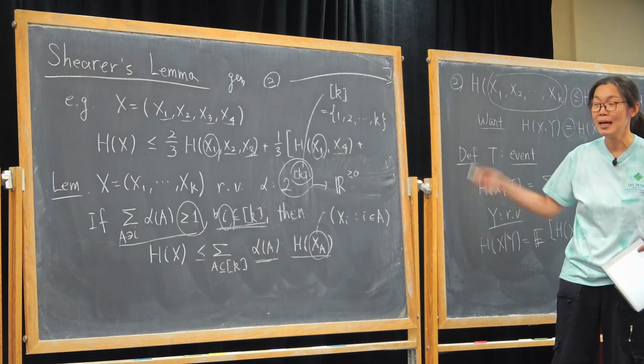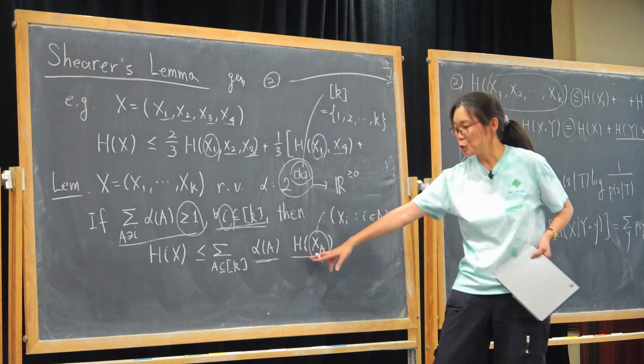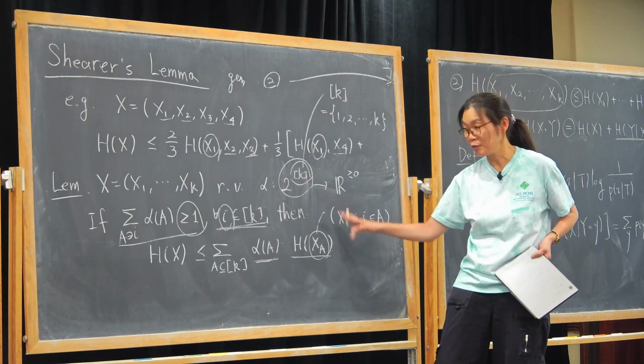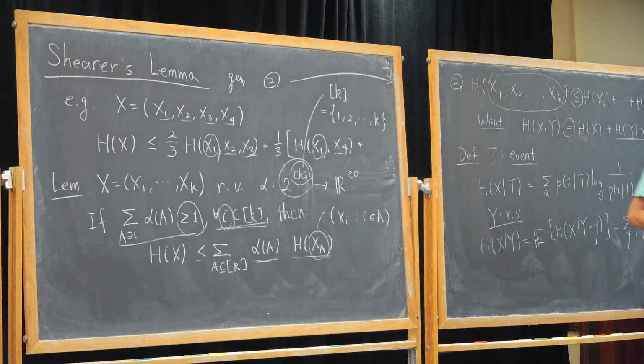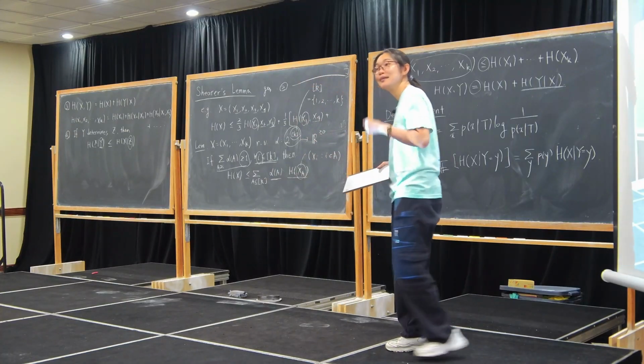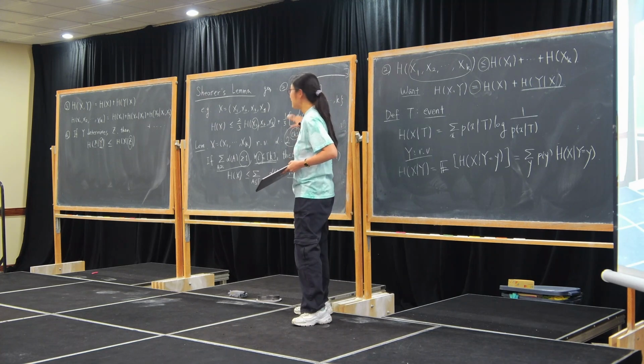In this case, the weighted sum of the entropy of the groups of random variables is at least the entropy of X. Is this okay? Okay, and again, basically this generalizes what happens in this example.